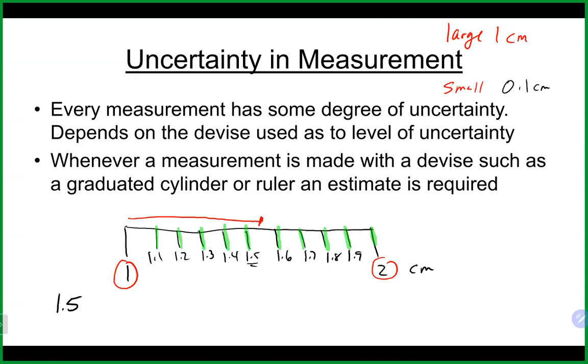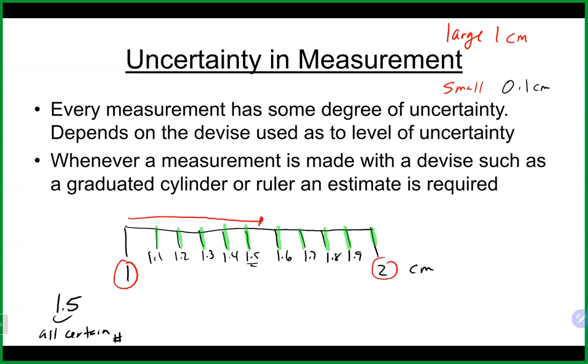These are sometimes referred to as the certain numbers. The estimation comes into play at this point because we can see that it's not exactly at 1.5. It's not exactly at 1.6. So we have to make an estimate.